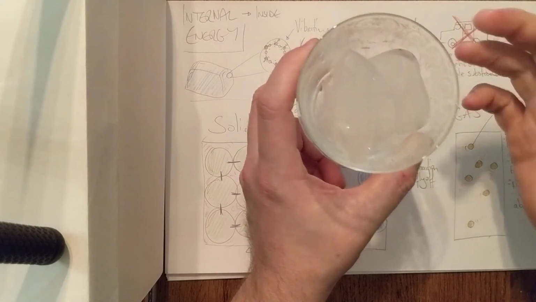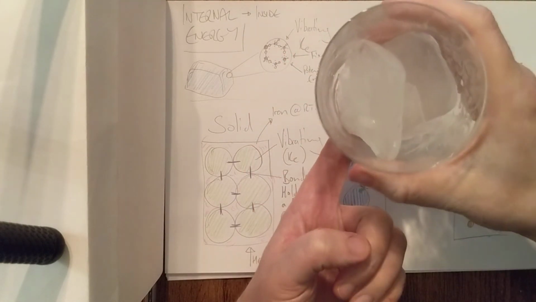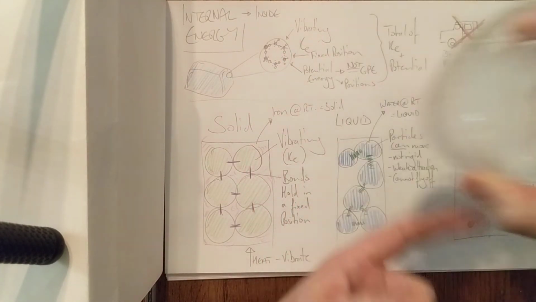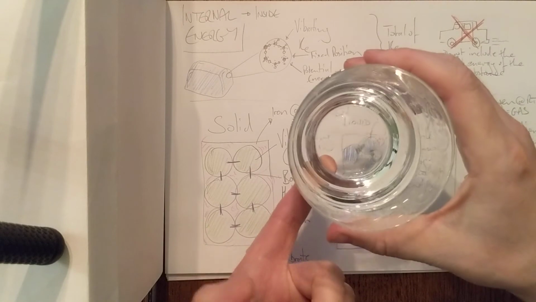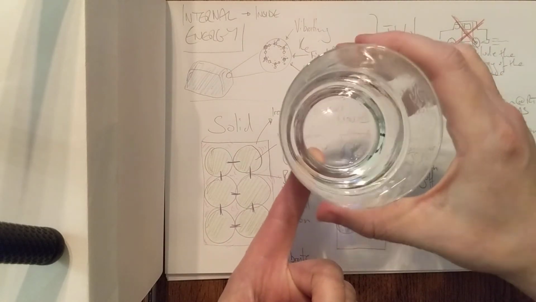But I'm raising the amount of internal energy. Okay, so I'll just pop that there. So what we're looking at now is that we're going to go from a solid to a liquid, but of the same substance. And in order to do that, we need to change the amount of energy. And the amount of energy will then turn it, as you can see, this is now melted, okay, and turned into liquid water.